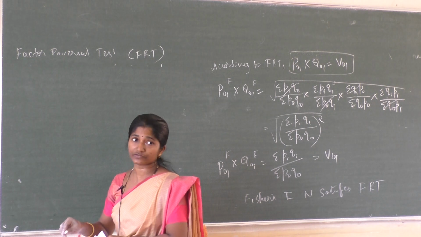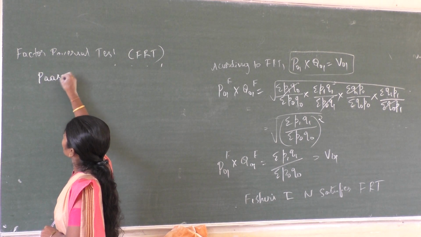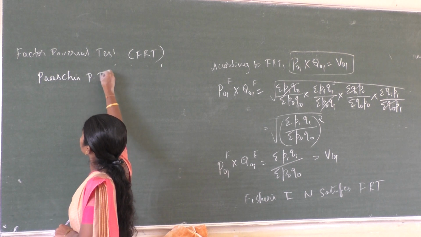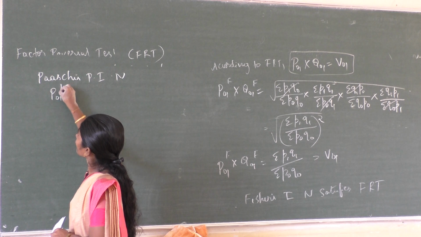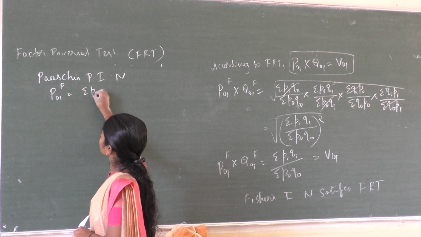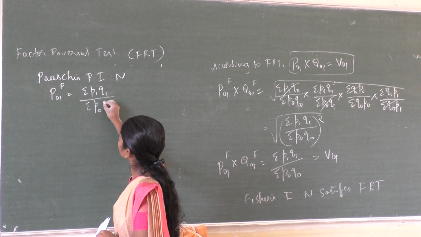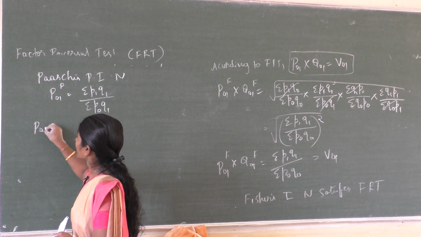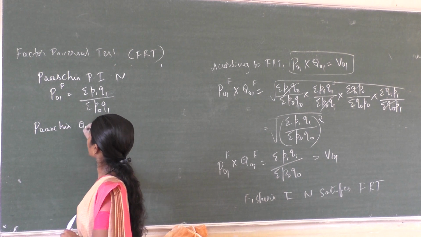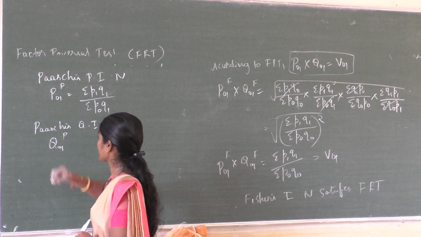See, that does not satisfy. I will take Paasche's. Paasche's price index number, our formula P01 of Paasche's, P1 Q1. Paasche's quantity index number.